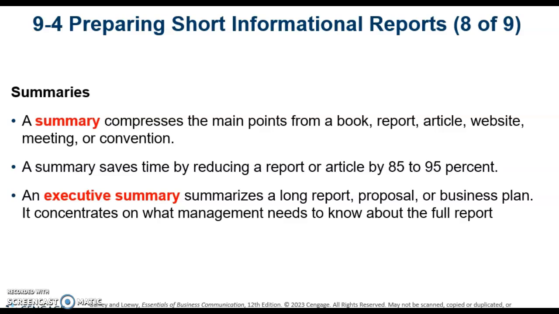An executive summary is a condensed version of a long report, proposal, or business plan, concentrating on what management needs to know from a longer report. And employees are sometimes asked to write summaries that condense technical reports or periodical articles or books so that the staff or superiors may grasp the main ideas quickly.